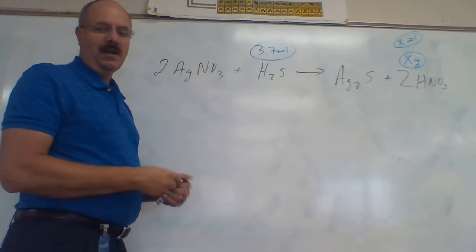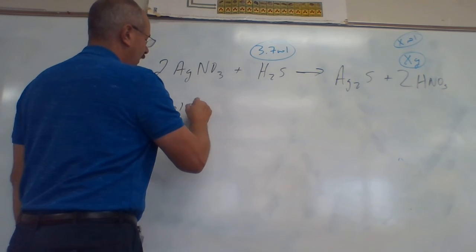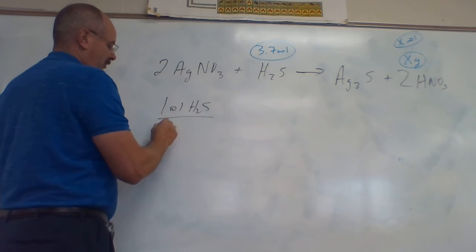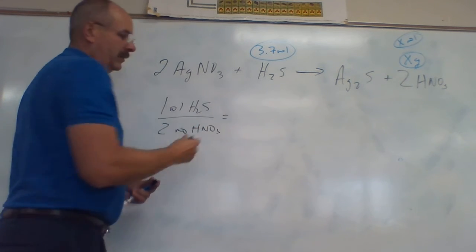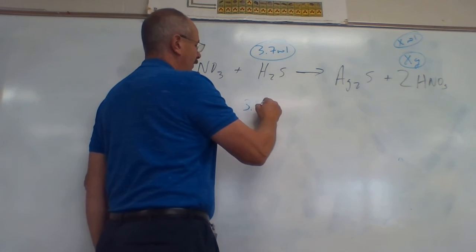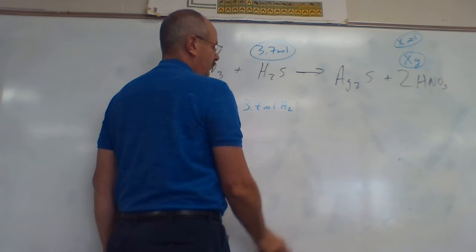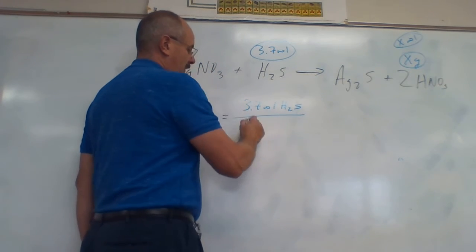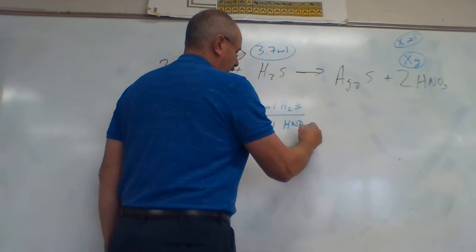To do that, I need to set up my ratio from the balanced equation, where 1 mole of H2S will combine to make 2 moles of HNO3. That comes from the balanced equation. Then I really have 3.7 moles of H2S, not H2O, make that H2S, and we want to find X moles of HNO3.